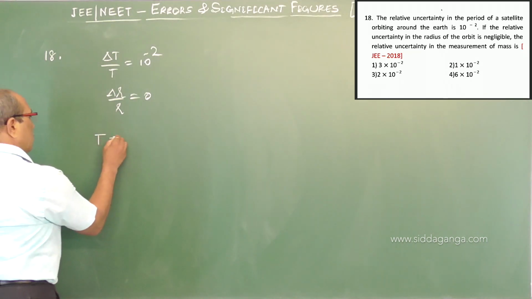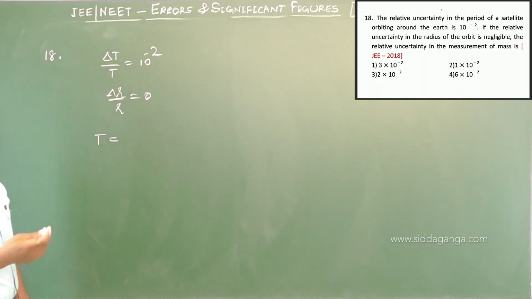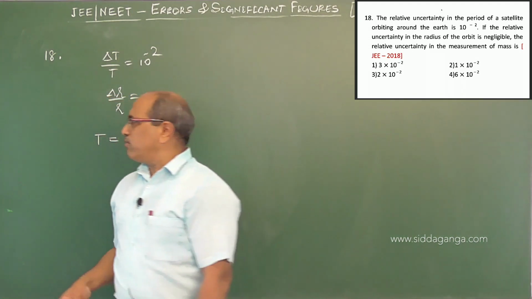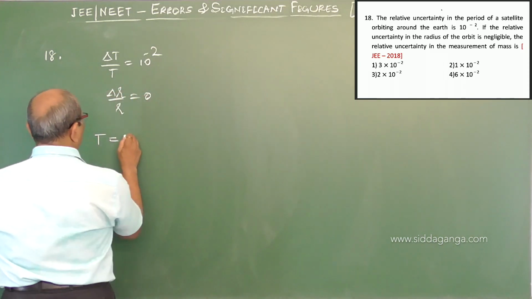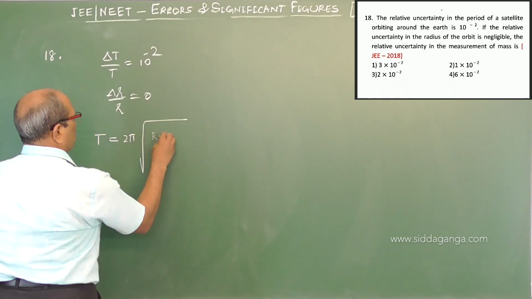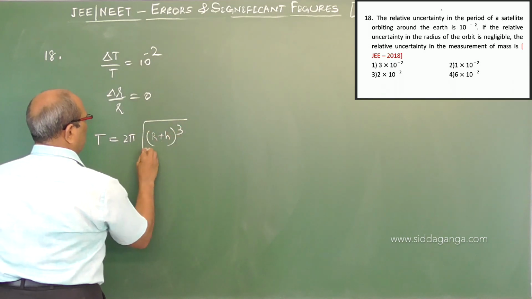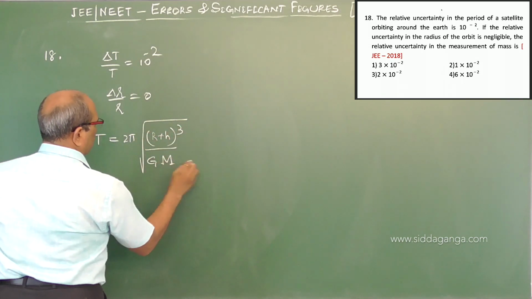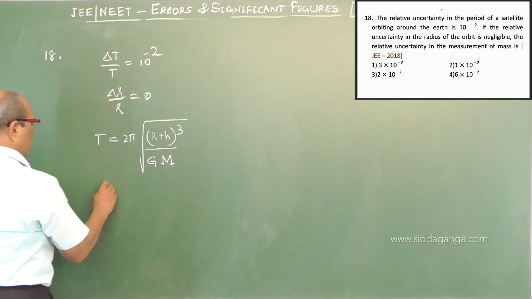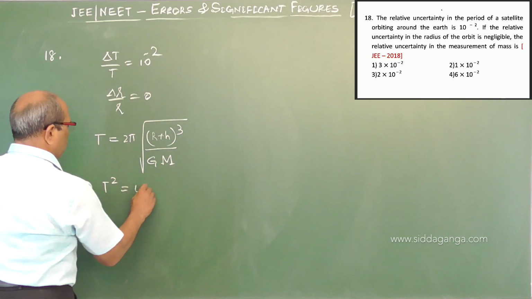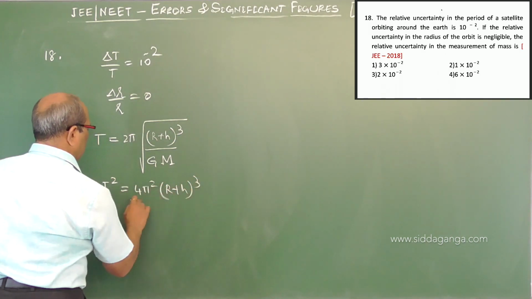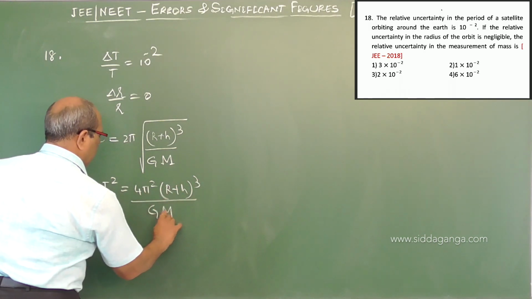The period of a satellite, you do not know yet, but you will learn it in the first PUC itself, in the 7th chapter, gravitation. The period of rotation of the planet is given by 2 pi into root of R plus H whole cube by GM. We want mass. Therefore, squaring on both sides, T square is 4 pi square into R plus H whole cube by GM.